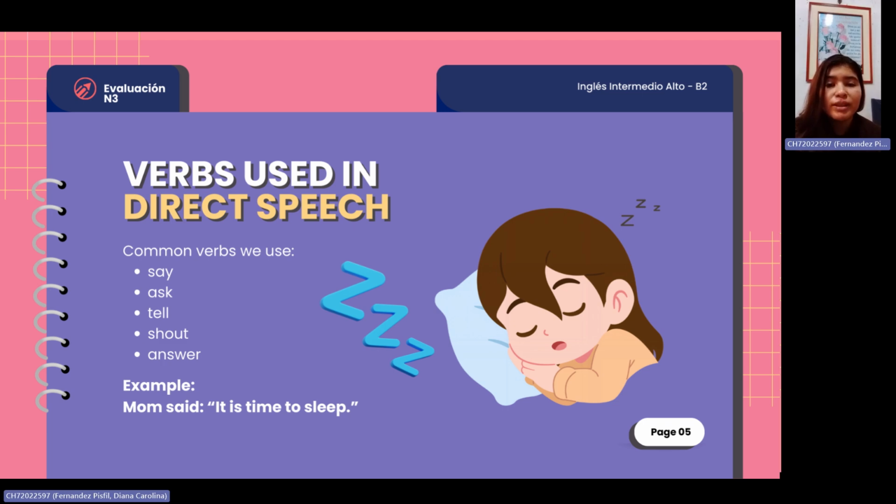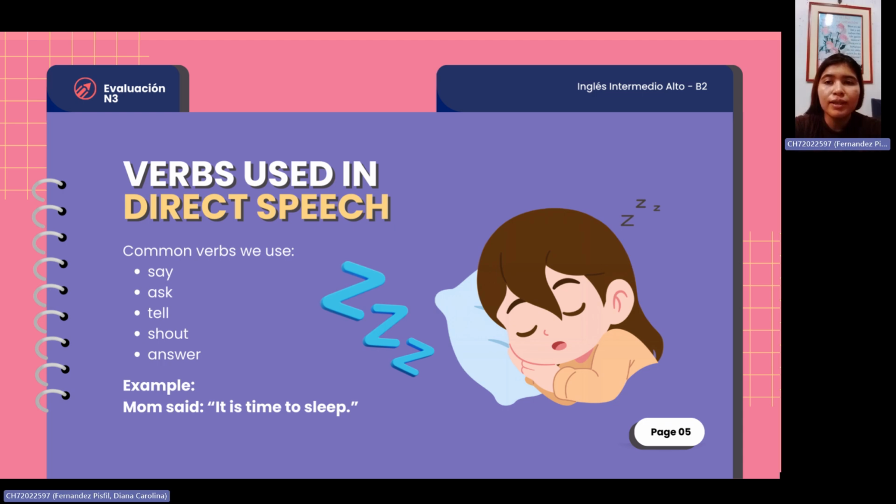The most common verbs we use are: say, for normal speaking; ask, when someone wants to know something, in a question; tell, to give information or an order; answer, when someone responds to a question; and shout, when someone is speaking very loudly or angry.